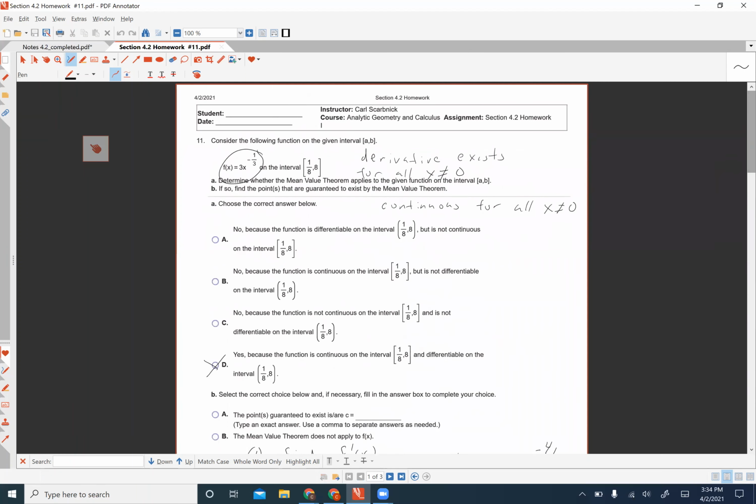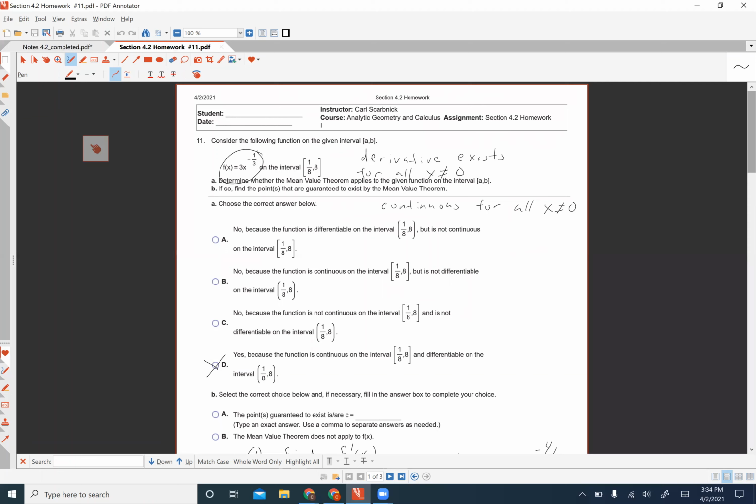So now we have a similar function, 3 times x to the negative 1/3, and we want to see if the mean value theorem applies on the closed interval 1/8 comma 8. First, we want to determine whether the mean value theorem applies to the given function on this interval a comma b.